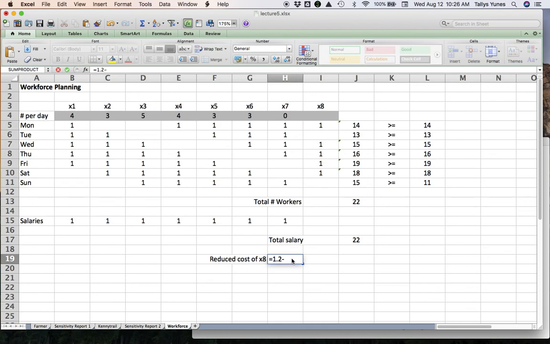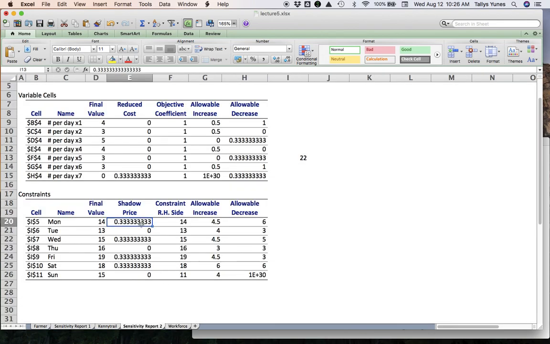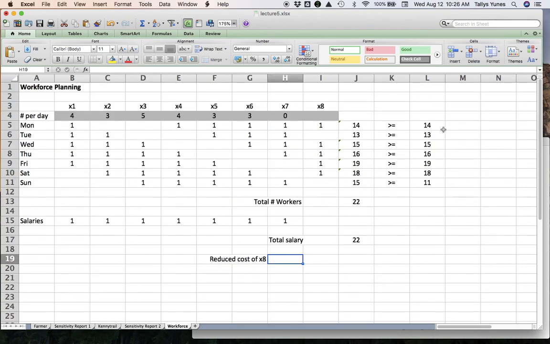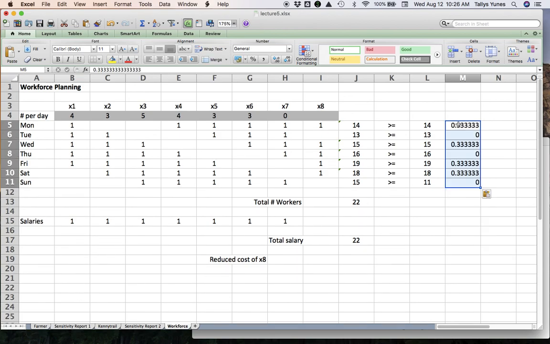Now comes a product. You'd go through every constraint the variable shows up in, take the number in front of the variable in that constraint, multiply that by the shadow price of that constraint. So before I finish this formula, let me paste those shadow prices over here, so I can take the shadow prices of every constraint, copy that over, I'm going to paste them here, right?